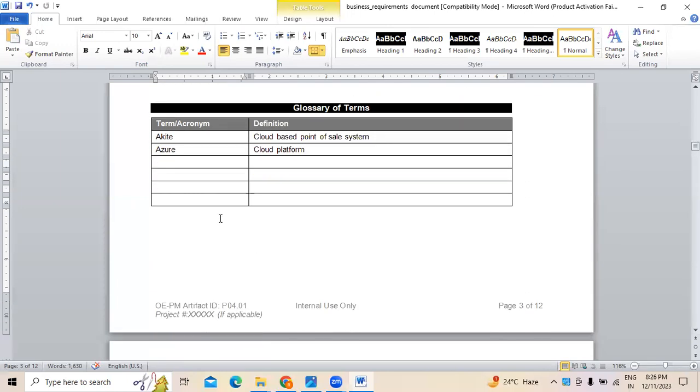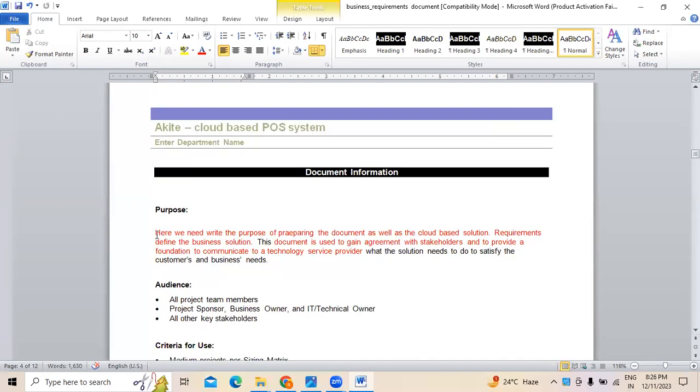Next, once the terminologies and acronyms are done, here we need to write down the purpose of preparing this document. For what purpose are we preparing this document? On a high level note, we need to explain it, because ours is a cloud-based application.